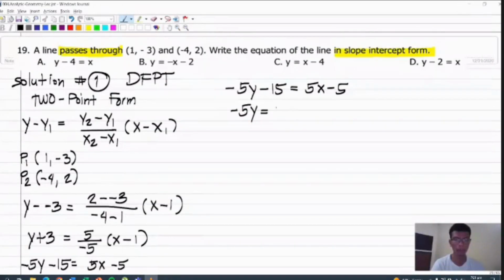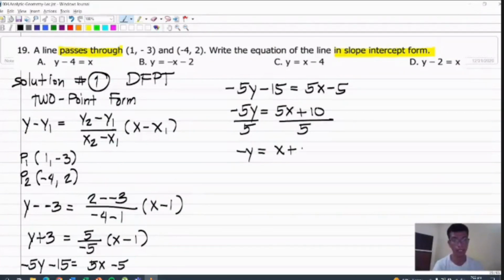Kung si negative 15 ay magpupunta sa kabila, magiging positive 15 siya. And then, 15 minus 5 is positive 10. And they are all divisible by 5. So, divisible by 5. Sige, gawin muna natin ganito. And this will give us a negative y, which is equal to x plus 2.